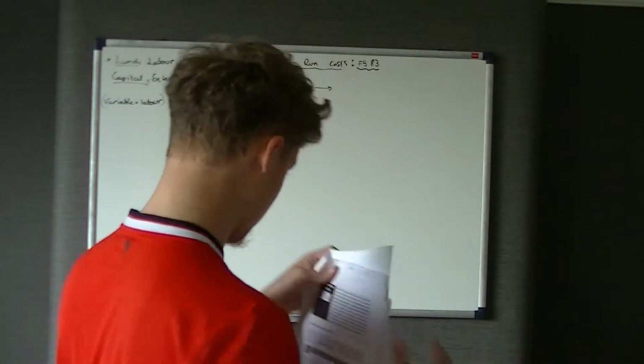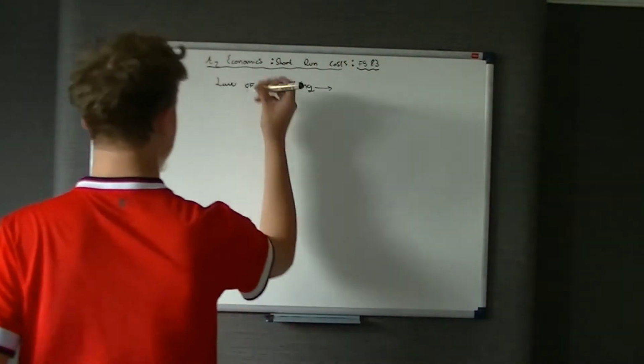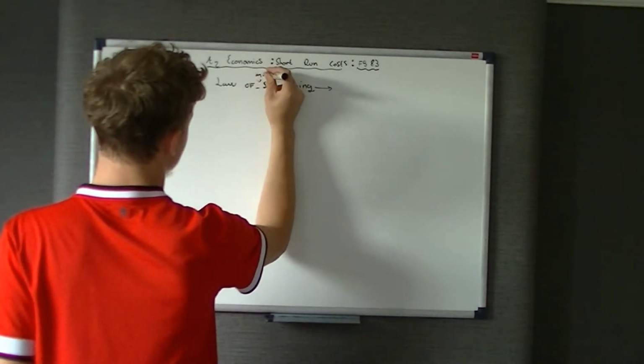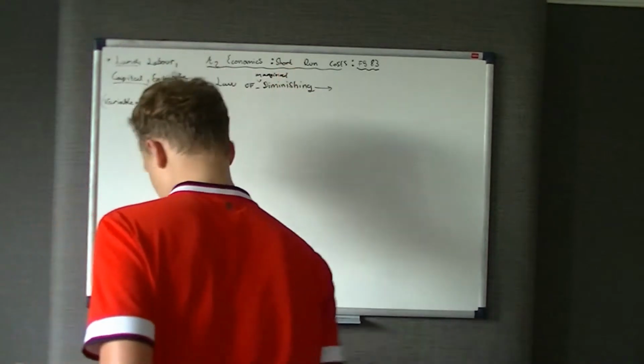Okay, the Law of Diminishing Marginal Returns, that should be marginal by the way, that's my first mistake. Law of Marginal Diminishing Returns, but Law of Diminishing Returns is fine.